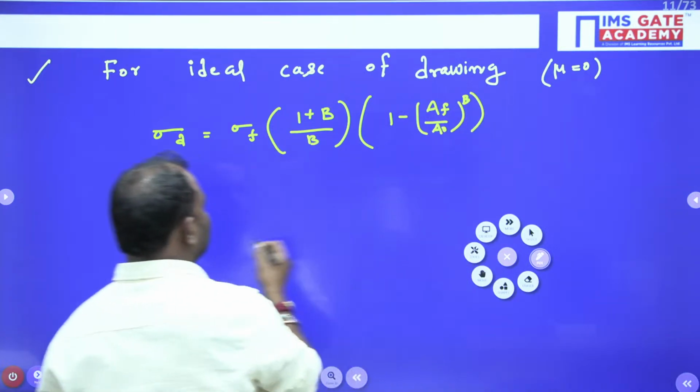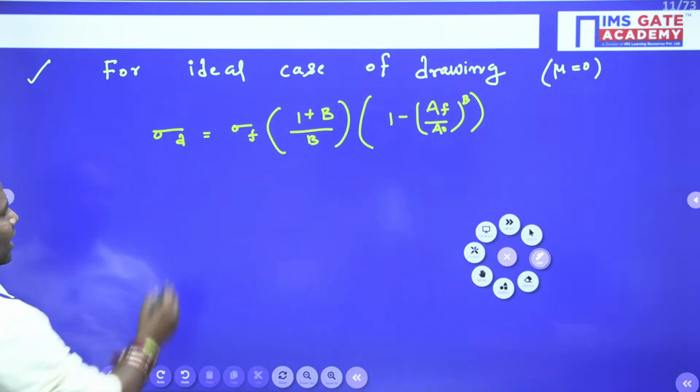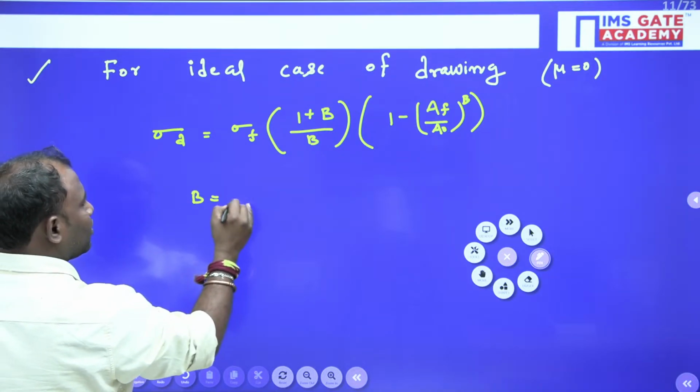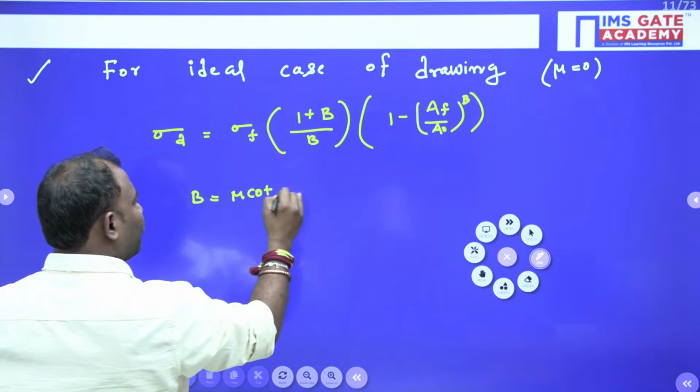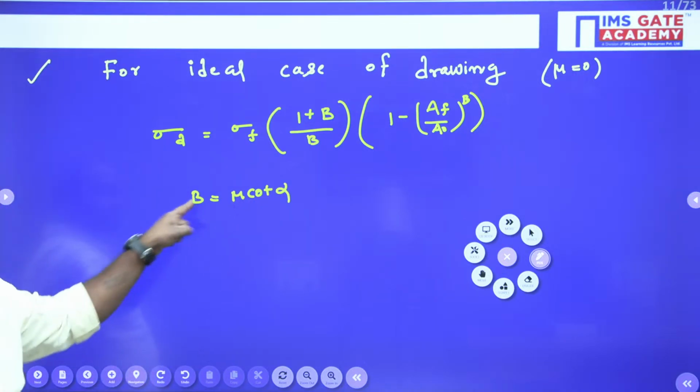Now see, if mu equals 0, then what happens to B? B equals mu cot alpha. So if mu equals 0, B equals 0.